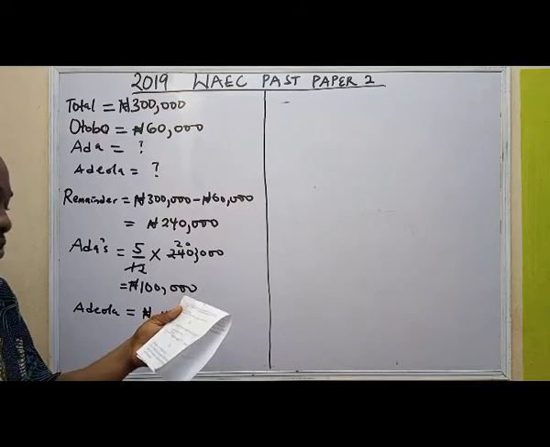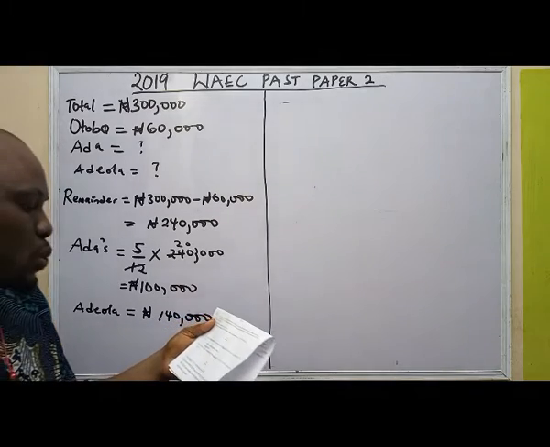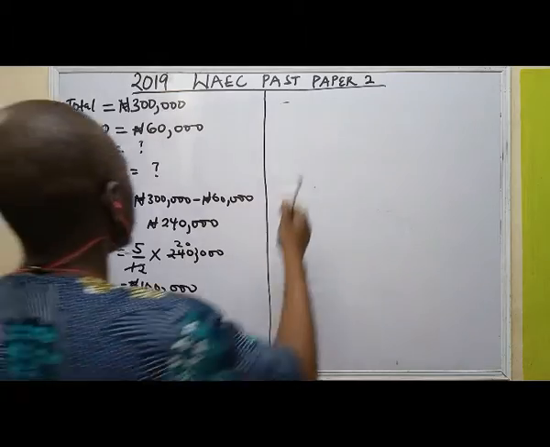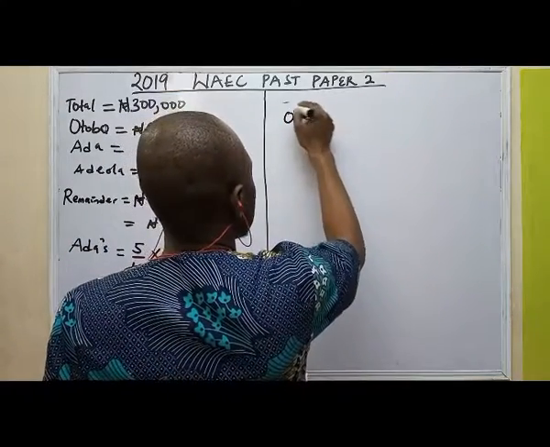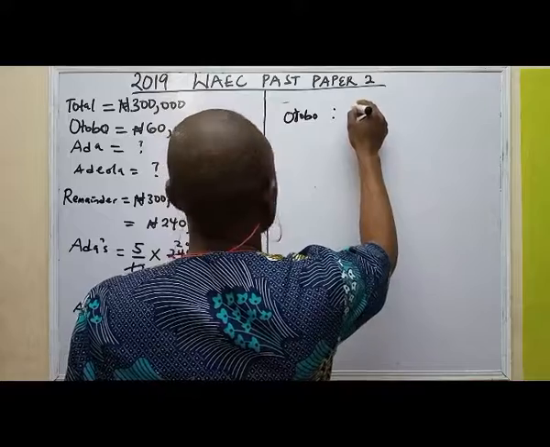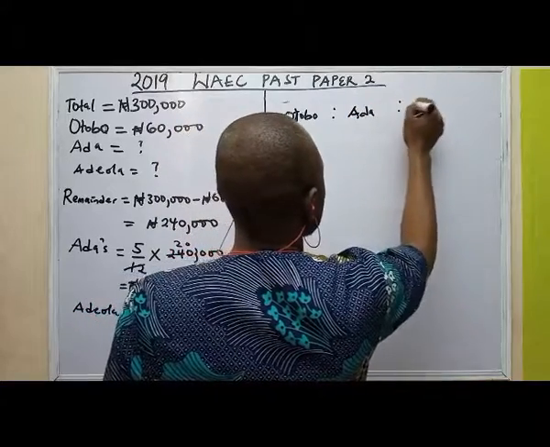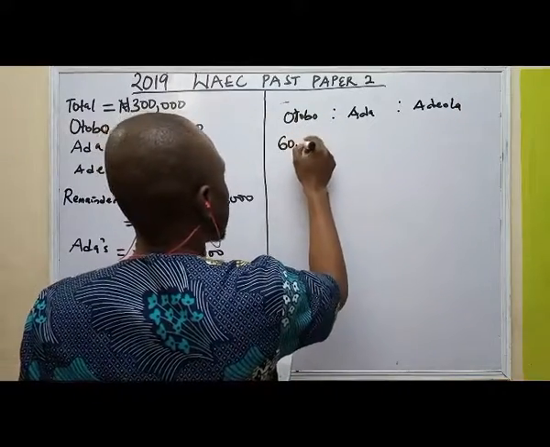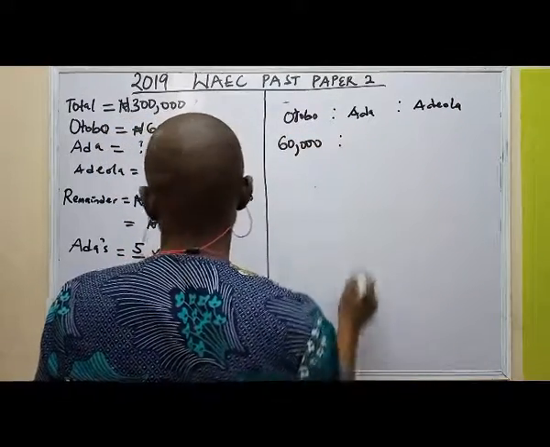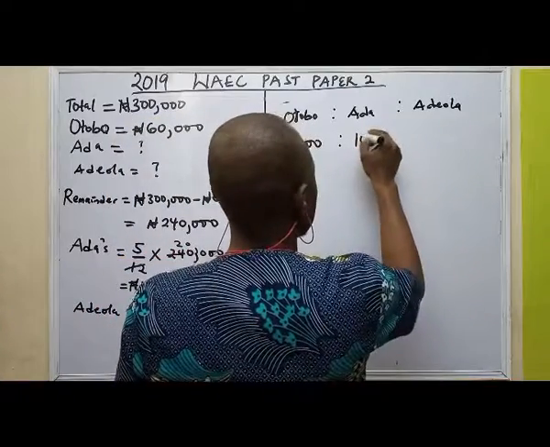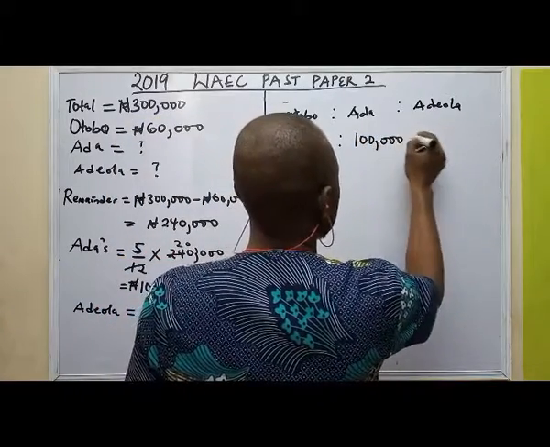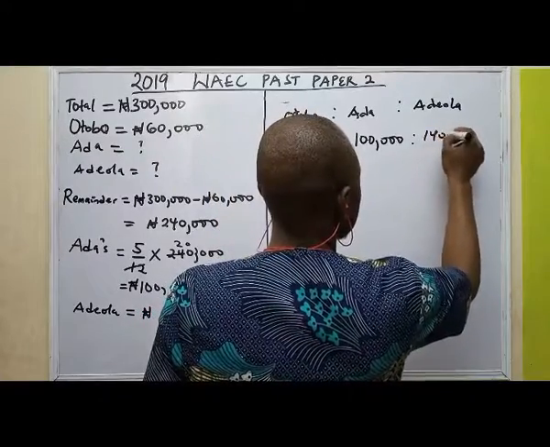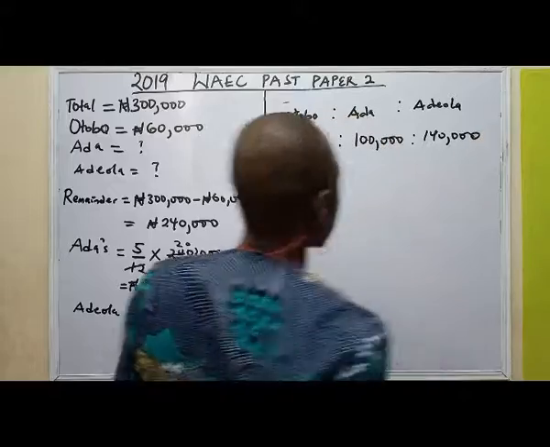Now the question says, in what ratio was the money shared? There are several ways I can achieve that. I can just do Otobo ratio Ada ratio Adeola. Otobo is 60,000, ratio Ada is 100,000, ratio Adeola is 140,000.